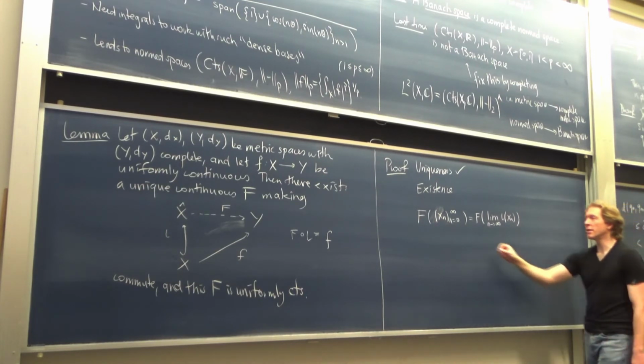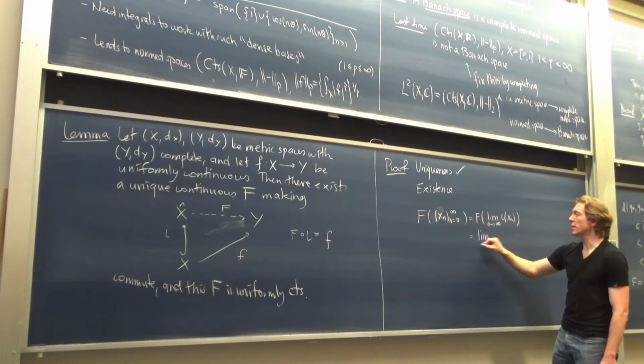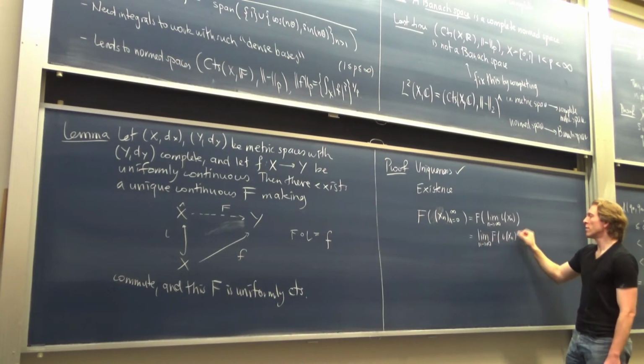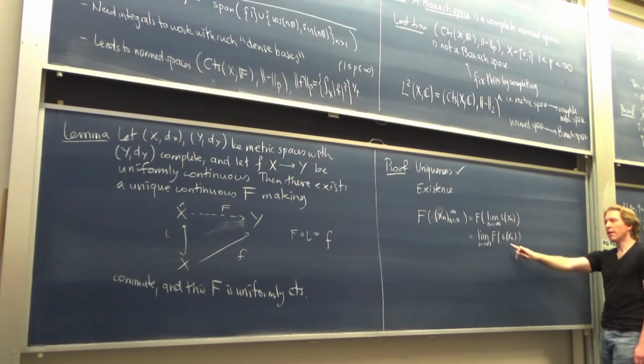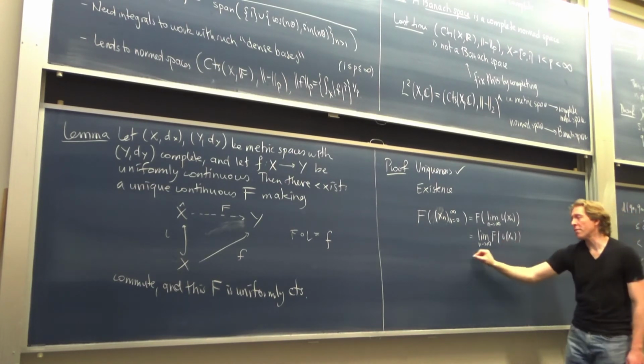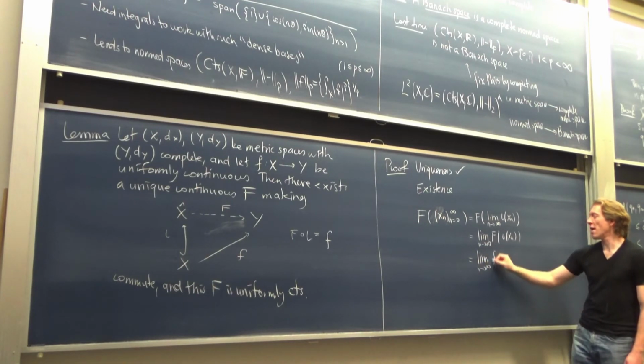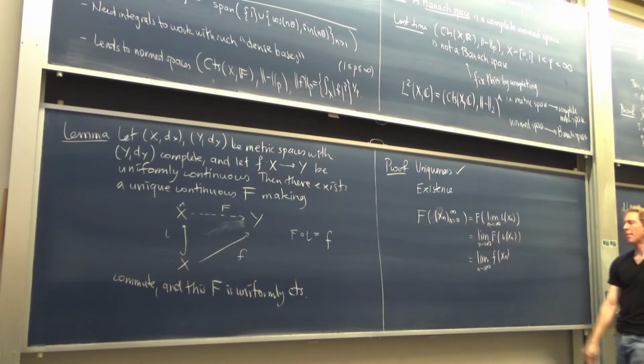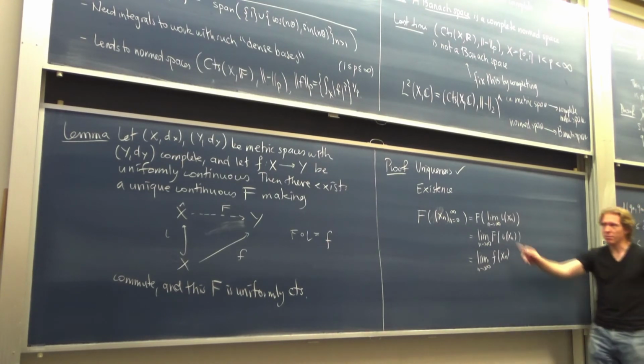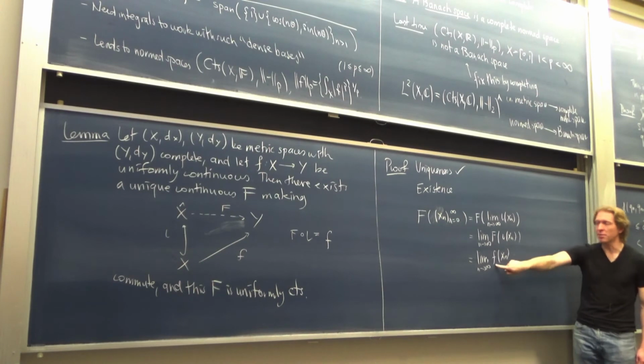So if F were to be continuous, it would have to send that limit to the limit of F acting on the iotas. And since it's an extension of f, that would have to be the limit of the f of x_n's. So if you like, that's a sketch reminder of the uniqueness, because we have no choice about what F has to be.